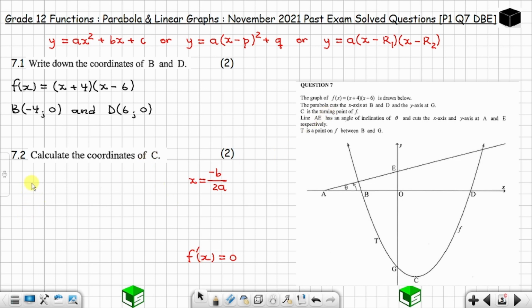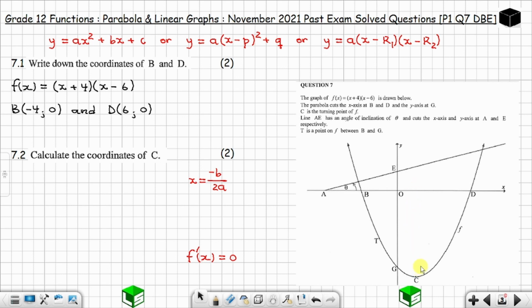This is very simple. When you are given this graph, you can see C is the turning point, and you have B and D, which are the x-intercepts. The x coordinate of the turning point is halfway between B and D. So you can take the x coordinate of B and the x coordinate of D, add them up and divide by 2.